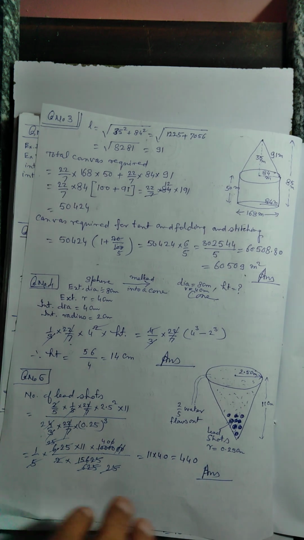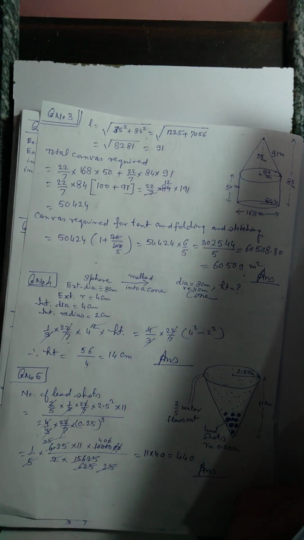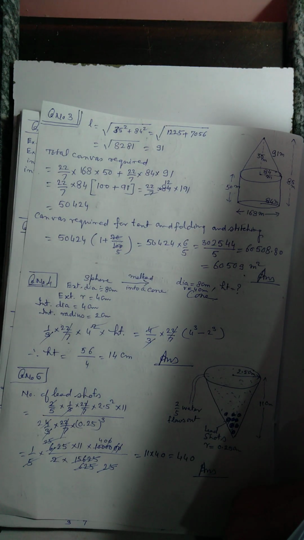Now question number 4. A hollow sphere of internal and external diameter is 4 centimeter and 8 centimeter respectively is melted into a cone of the base diameter 8 centimeter.